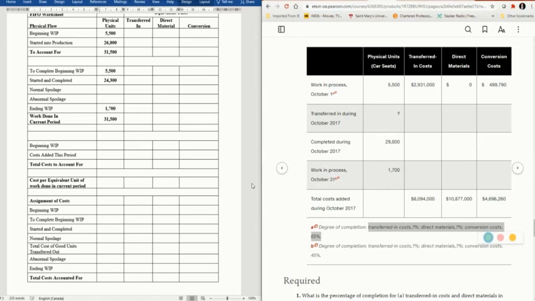So the transferred in, in terms of physical units, would you say that's 5,500? Would that be something more, something less? Any thoughts?